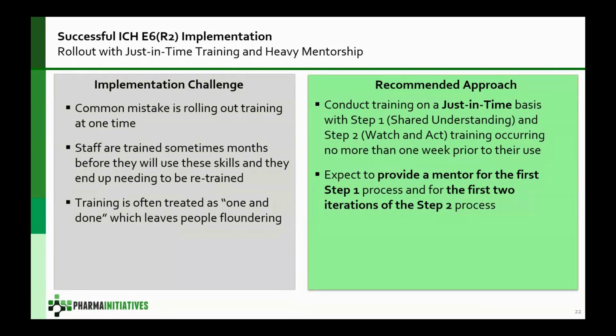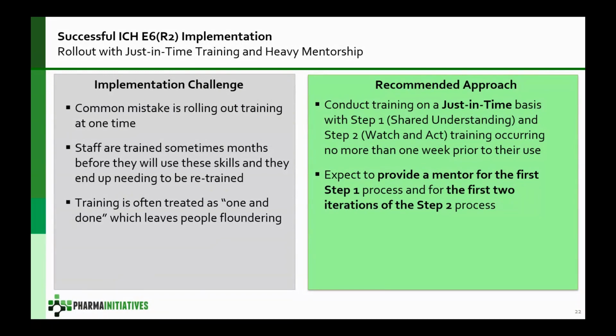So remember, step 1 is where we define what our risks are and evaluate them and prioritize them. That's something we do at the start. And then step 2 is that central and remote monitoring process. That's an ongoing thing we do every couple months or every quarter or every month, depending on the study and the timing of the study. So the first couple iterations of that step 2 process, they should have a lot of mentoring.